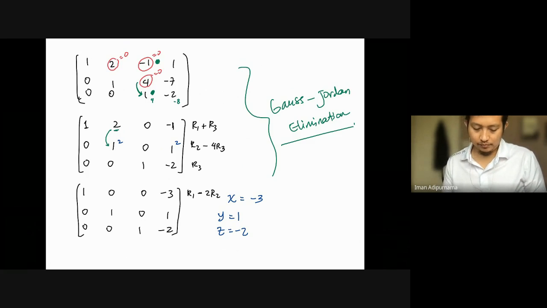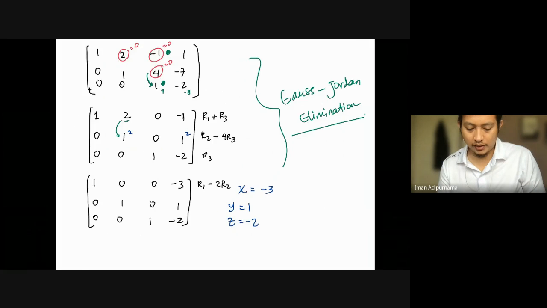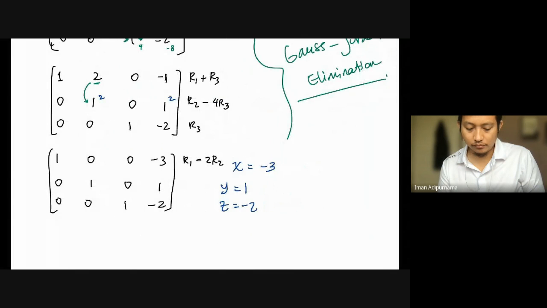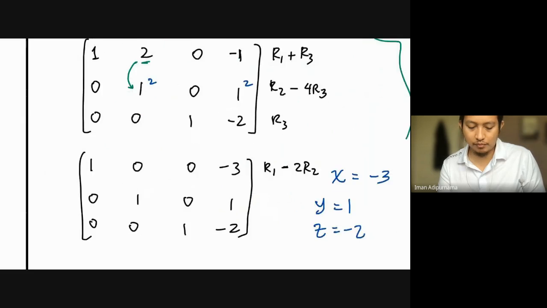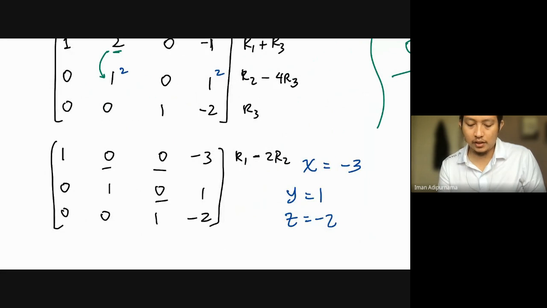Okay. You can use this method also. It takes some time to make it 0, 0, 0. And it depends on you whether you want to take this method or keep the previous one and just do substitutions from this one.